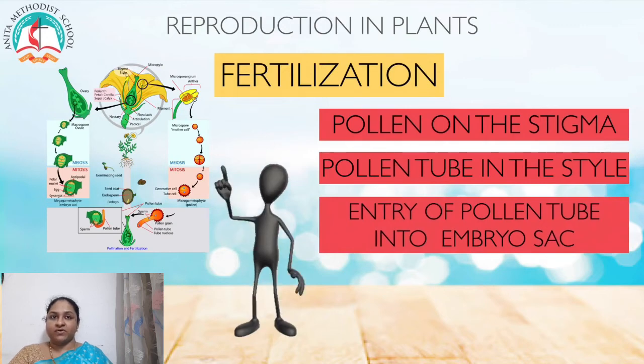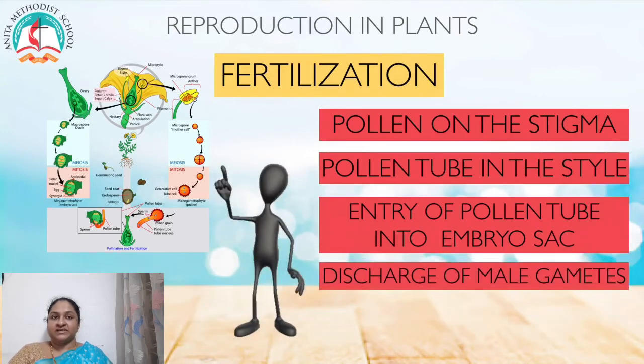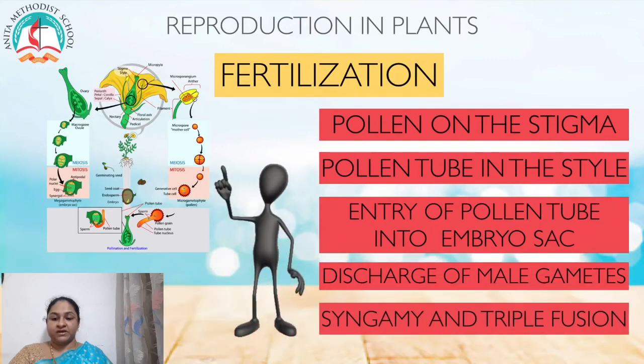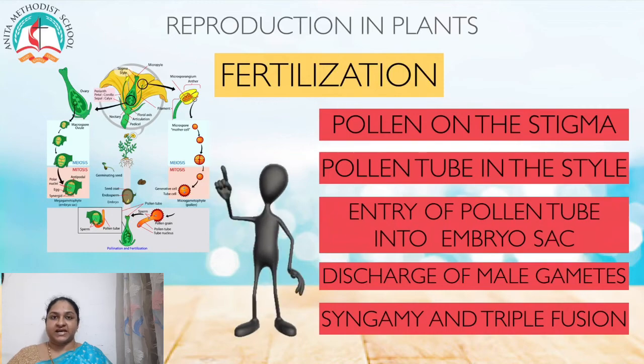Entry of the pollen tube into one of the synergids of the embryo sac. Discharge of male gametes, syngamy and triple fusion. Okay, so the events from pollen deposition on the stigma to the entry of the pollen tube into the ovule are called pollen pistil interaction.